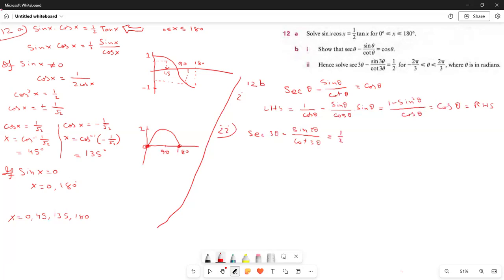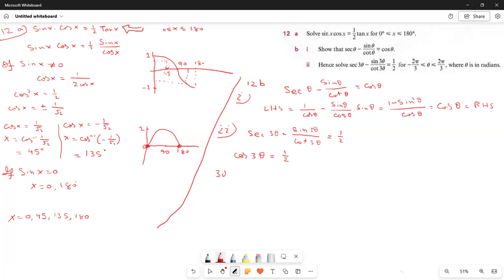From part 1, we can see that the left side is simply cosine 3 theta, and this is equal to 1 by 2. Agree? So cos 3 theta is 1 by 2.